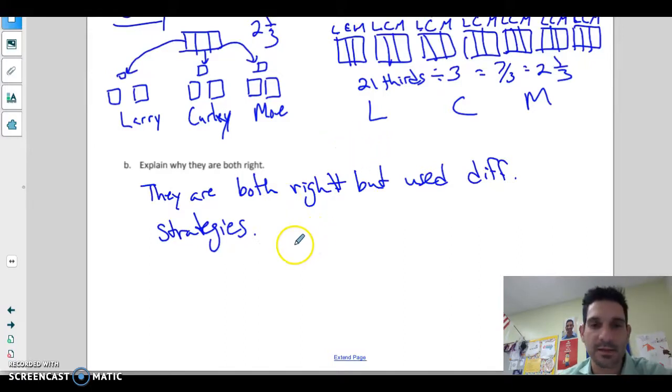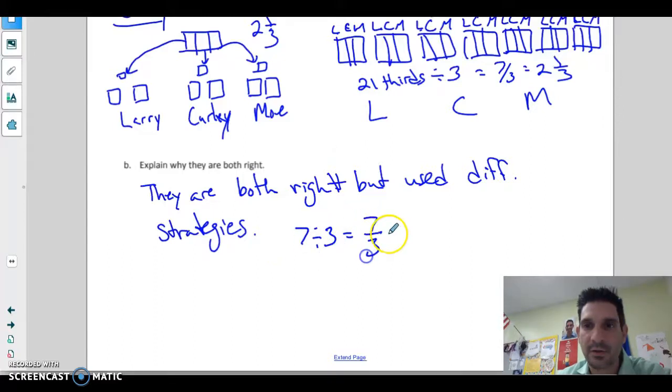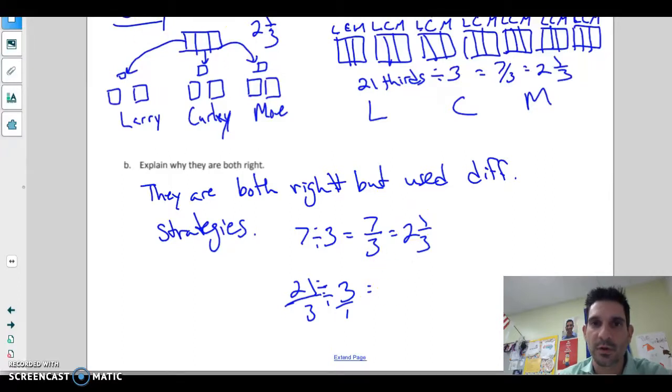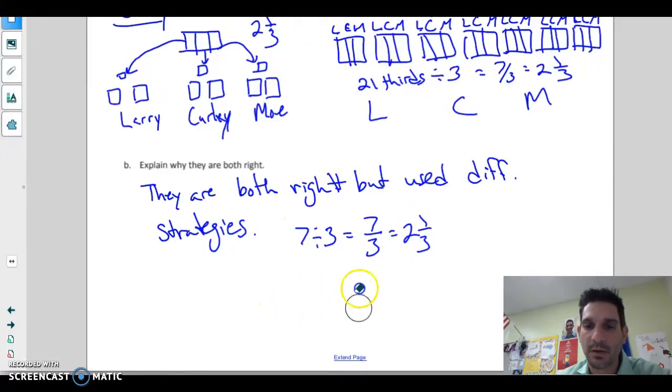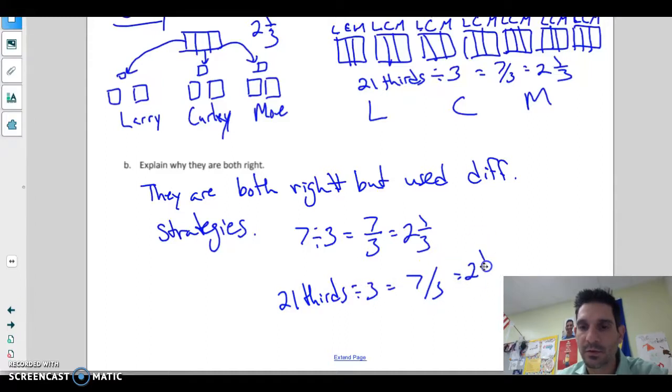Still the same answer. I mean, 7 divided by 3 equals 7 thirds, which is equal to 2 1/3. Or you could do 21 thirds divided by 3, which is not going to give you 2/3. Hold on one second. Or you can do 21 thirds divided by 3 is 7 thirds, which is 2 1/3.